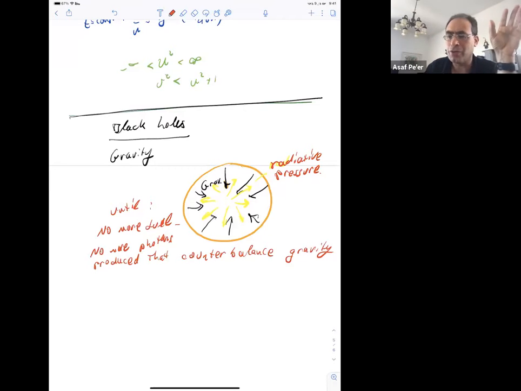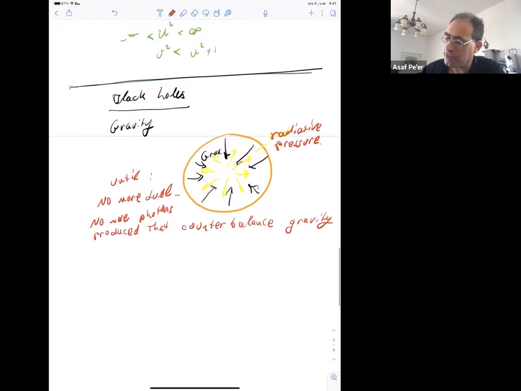That's second or third year quantum mechanics. Yeah, at least some of you know. So Pauli exclusion principle: you cannot have two electrons in the same state. So that will prevent further shrinking.